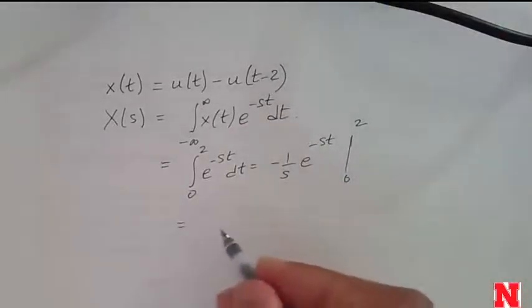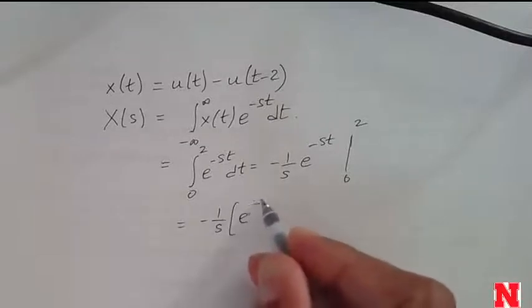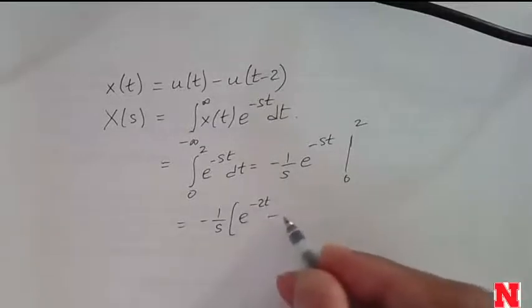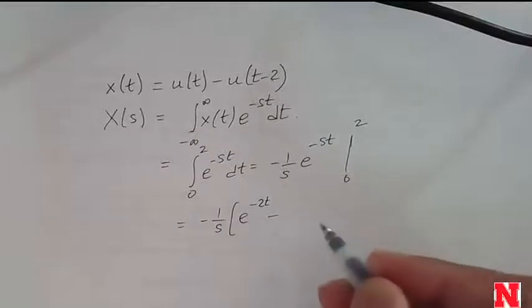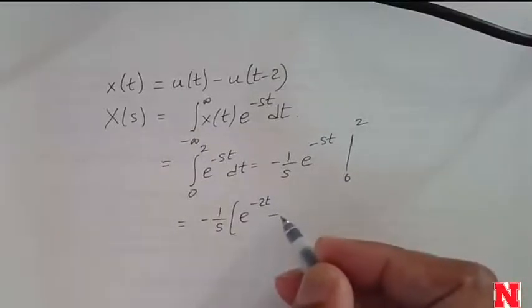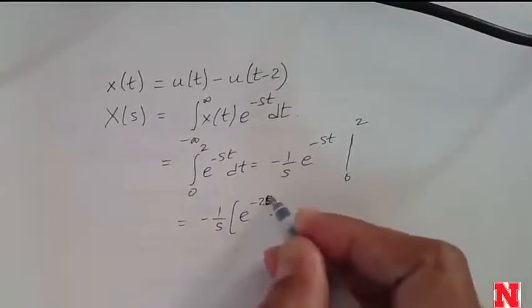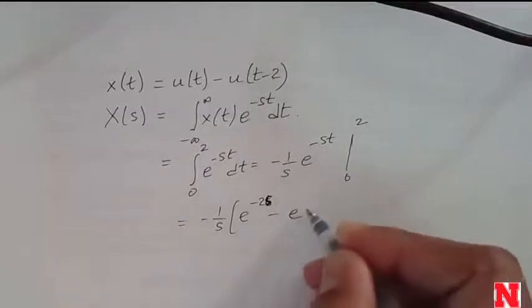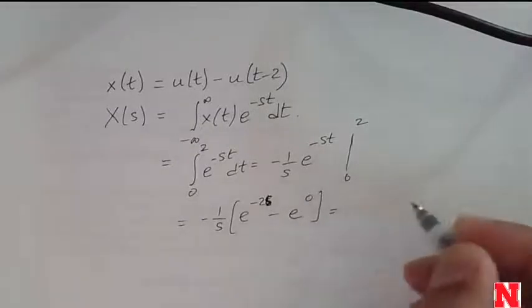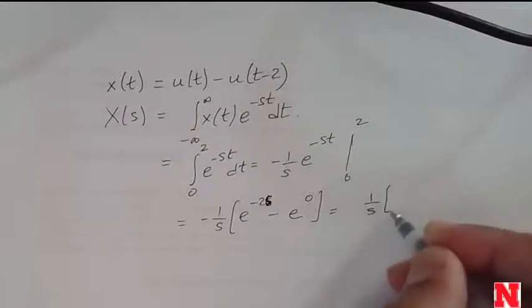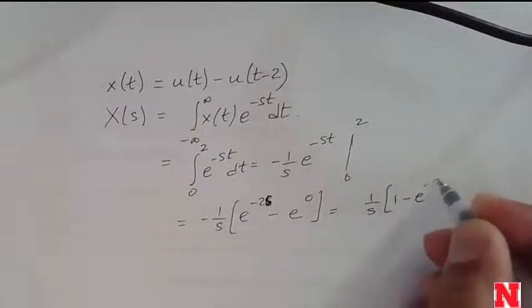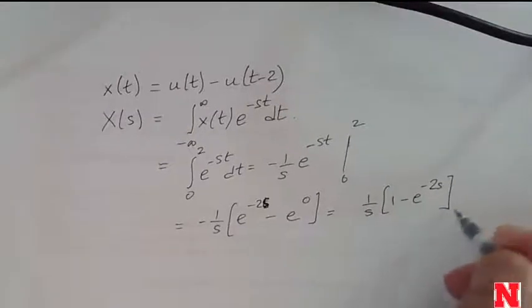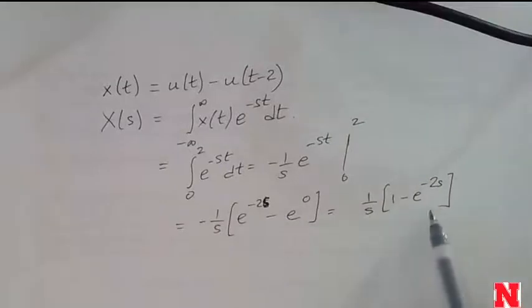Then if I plug those in, I get minus 1 over s times e to the minus 2s, minus e to the power 0, or that's 1 over s times (1 minus e to the minus 2s). And this thing does not have a pole at 0.